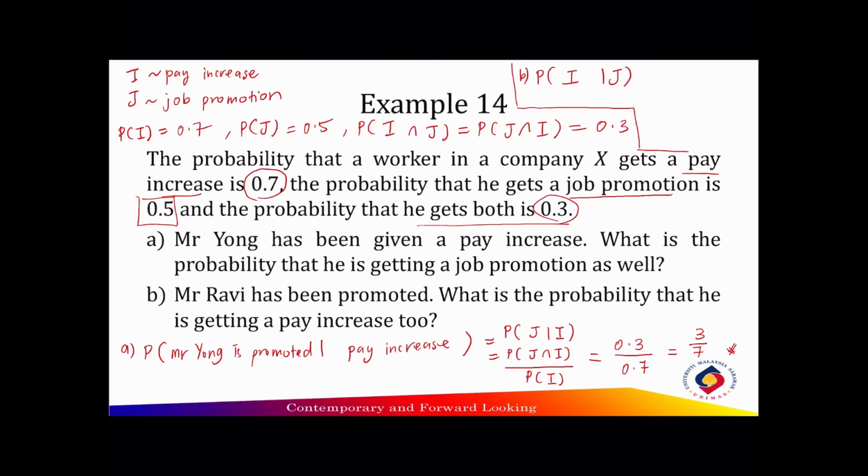So that is probability of I given J, and this is P(I intersect J) over P(J). So we will have 0.3 over 0.5, and that gives the answer of 3 over 5. So for B, we will have 3 over 5 as the answer.